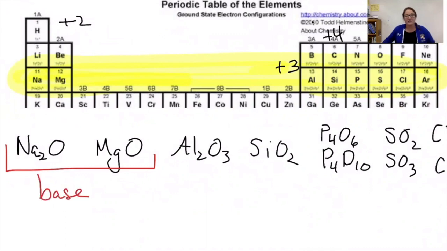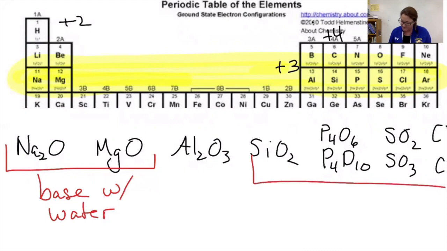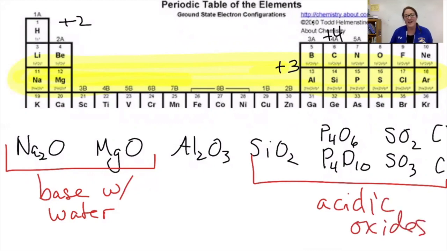They're alkali metals, alkaline earth metals, both of those terms mean basic. So they're going to form a base when they react with water. These ones are going to form an acid when they react with water. So we say they are acidic oxides.